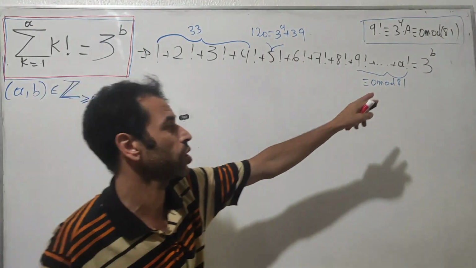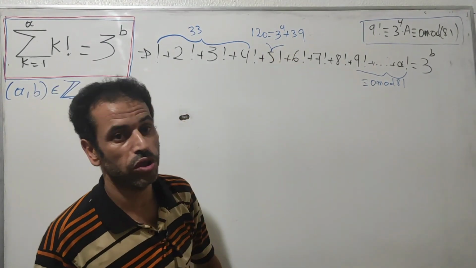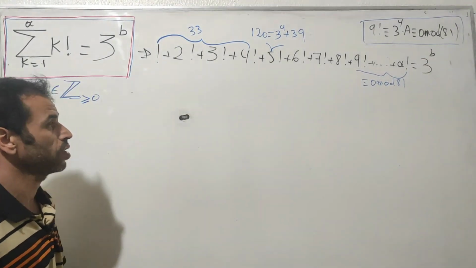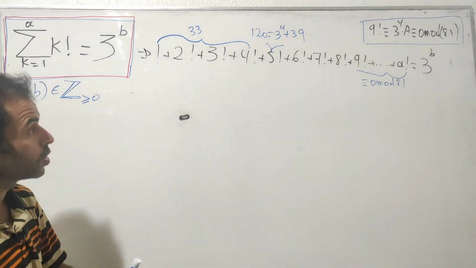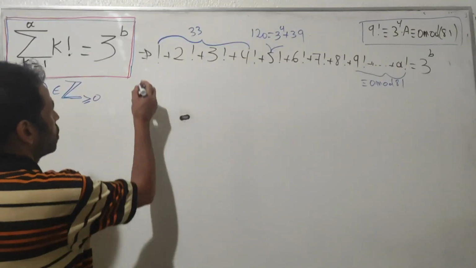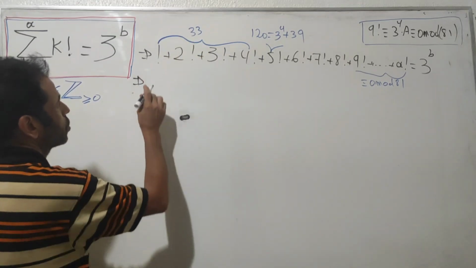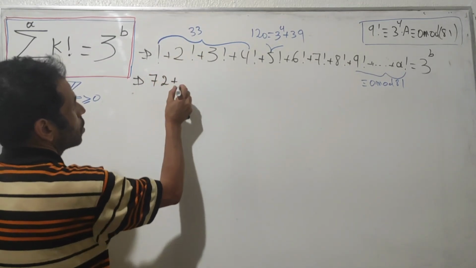But 3 to the 4th I'm going to move over to the other side to make a nice factorization here, because I see here 3 to the b. I will have a common factor, a common multiplier there, okay? So I will have 72, which is 33 plus 39, plus the rest.